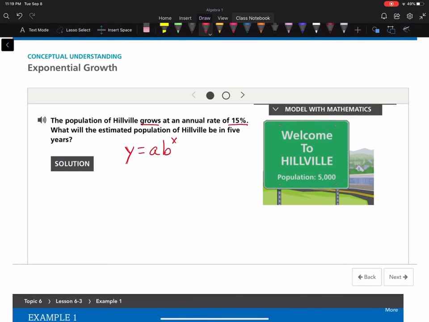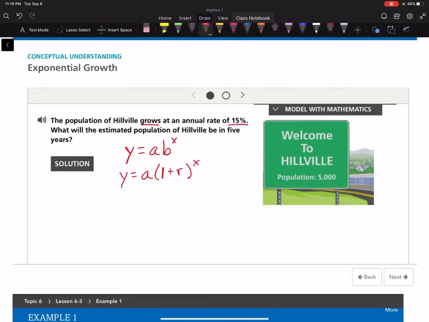So this becomes, rather than y equals ab to the x power, y equals a times 1 plus r to the x power. And so the 1 plus r, 1 is just, if it was just 1, it wouldn't change at all. And r is what your growth rate is.